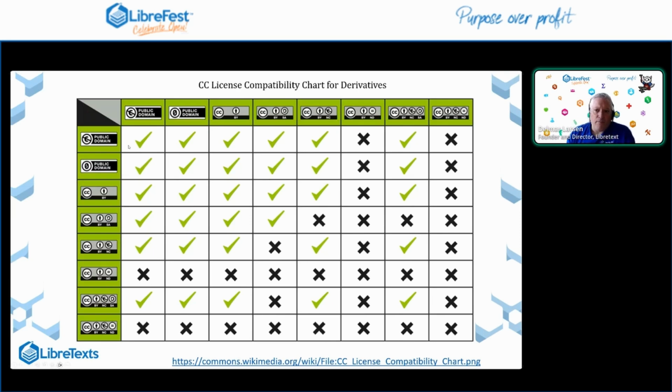For example, if you have public domain, you have no requirements on it. You can mix public domain with any license except this one. I'm going to leave the ND stuff aside. I have some issues with some of these definitions, but when you start dealing with collections, you can start to deviate from here. This is adaptation.